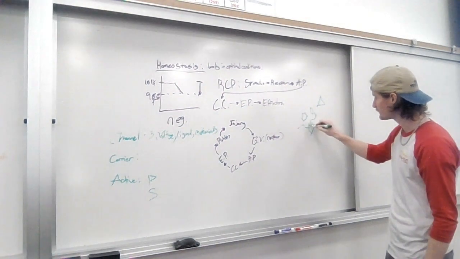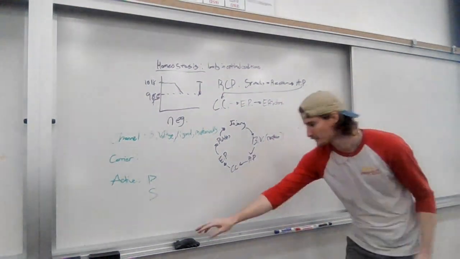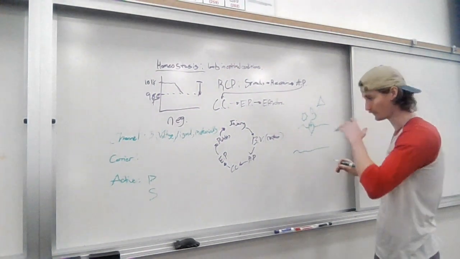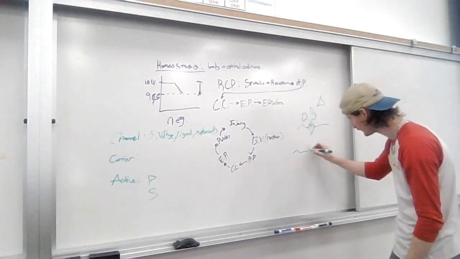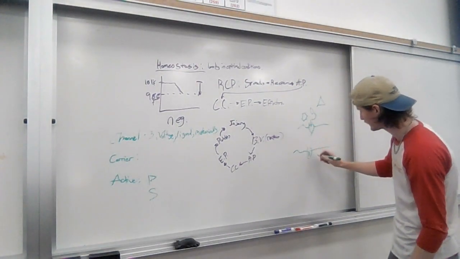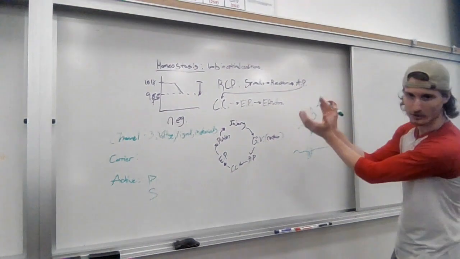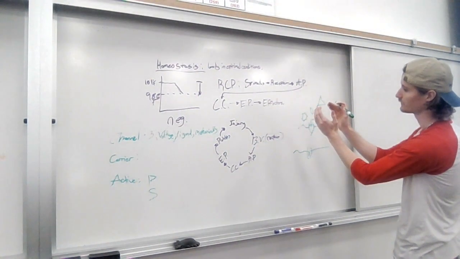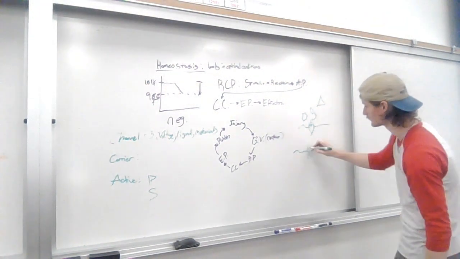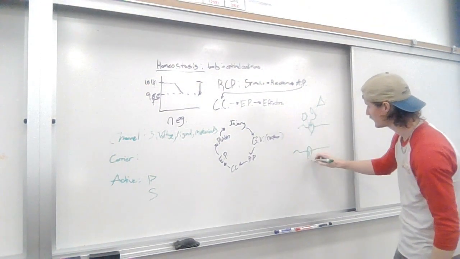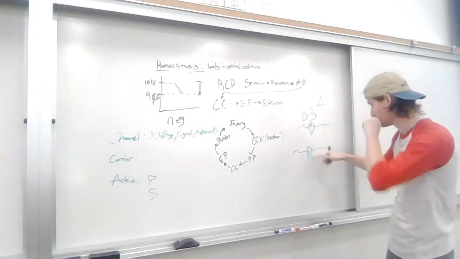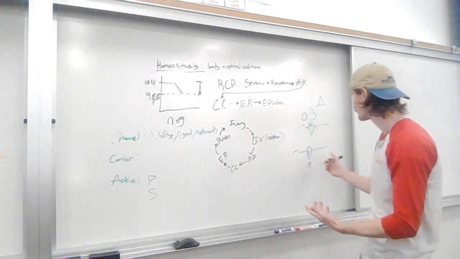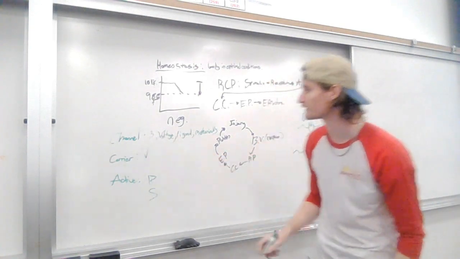These ones will come in, and when they get in, it'll work like a revolving door, in the sense that once it's in, now it's taking up place, and it's going to start hinging. So it's open here, and as it comes in, it starts to open up the other way. And so now it's closed from the outside of the cell, and now this substance can go inside the cell. So that's carrier, which I'm just going to check off because we did.